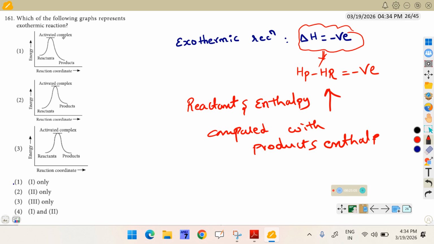See the first option? Yes. The reactant's enthalpy is more compared with the product enthalpy. Reactants 2, products 1. So the first option is correct. The second graph is wrong. The third graph is wrong. So the first option is the correct option.